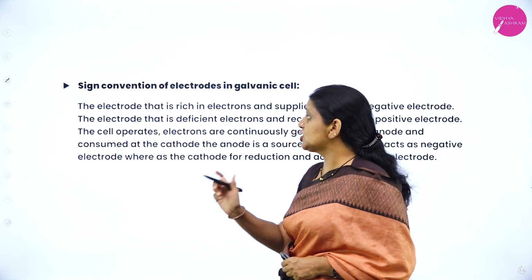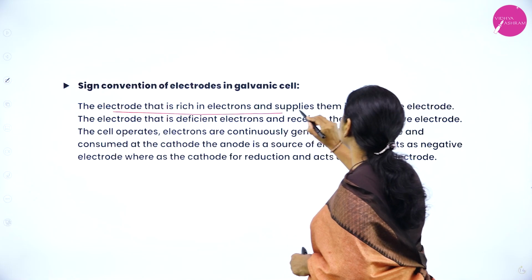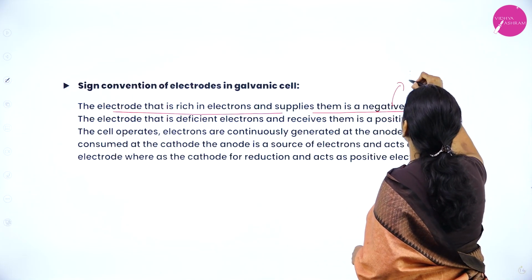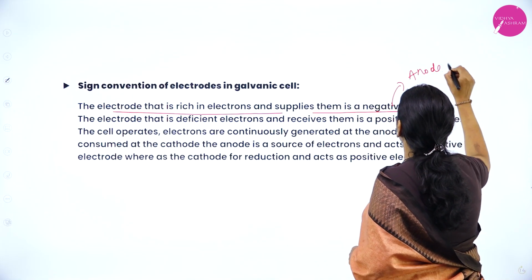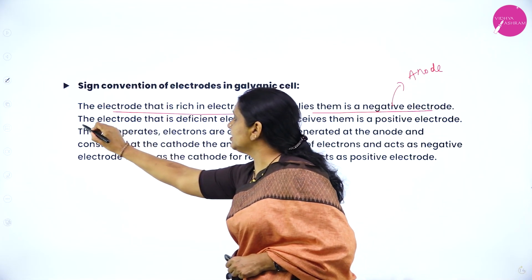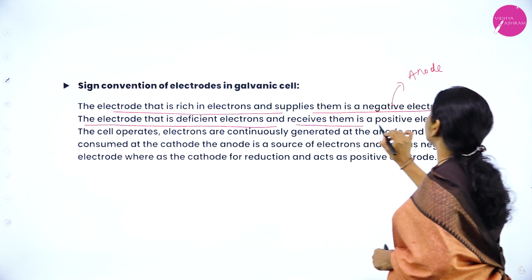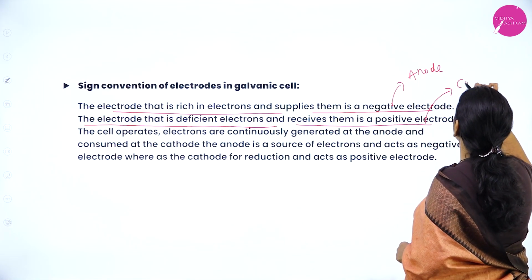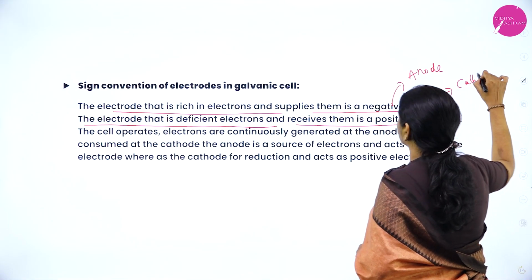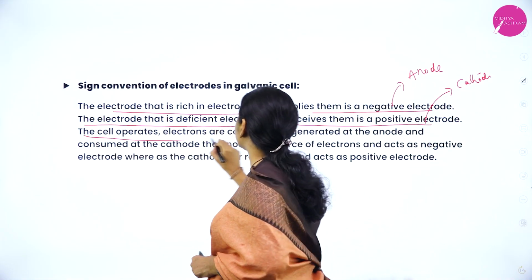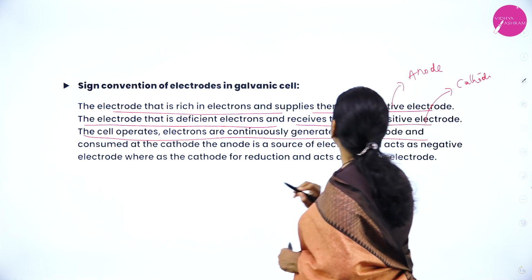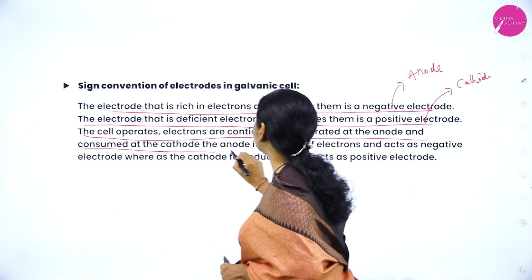The electrode that is rich in electrons and supplies them is called the negative electrode or anode. The electrode that is deficient in electrons and receives them is called the positive electrode or cathode. When the cell operates, electrons are continuously generated at the anode and consumed at the cathode.